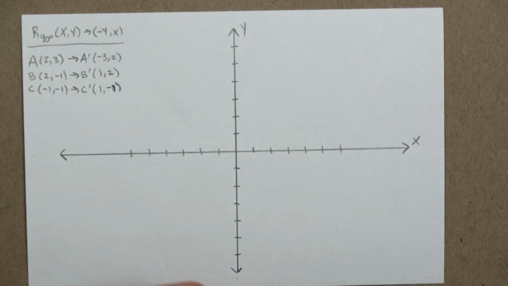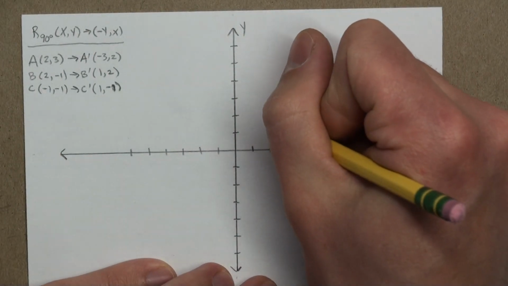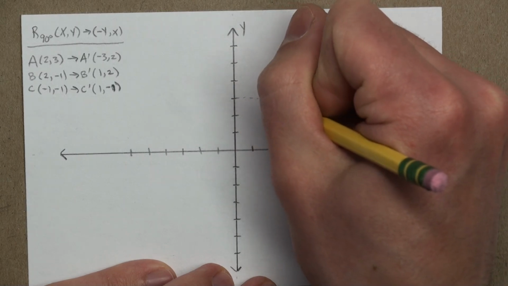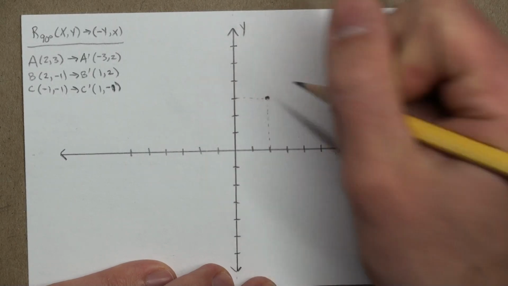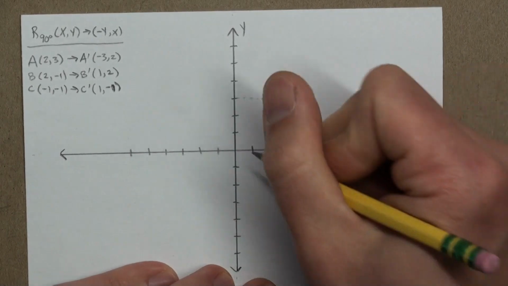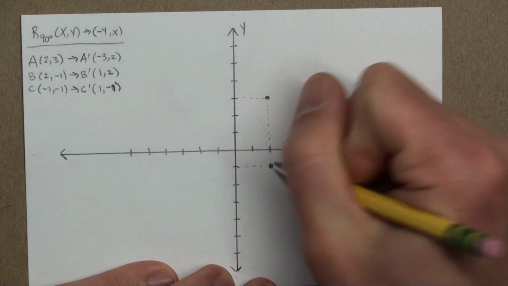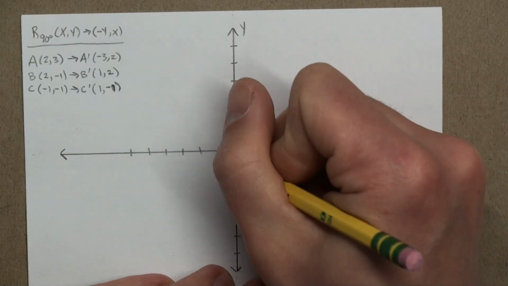Okay, so let's do this. 2, 3. 2, -1. And -1, -1.